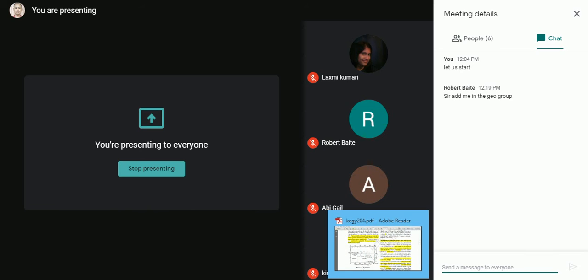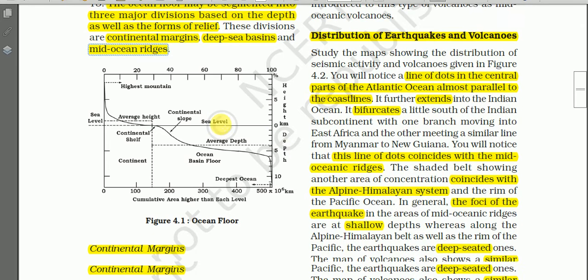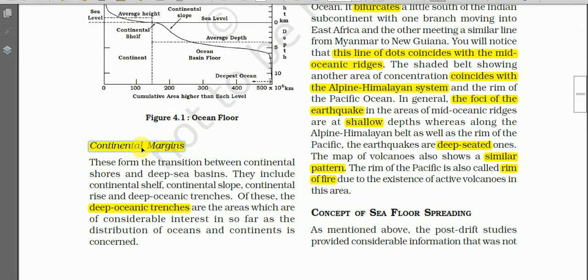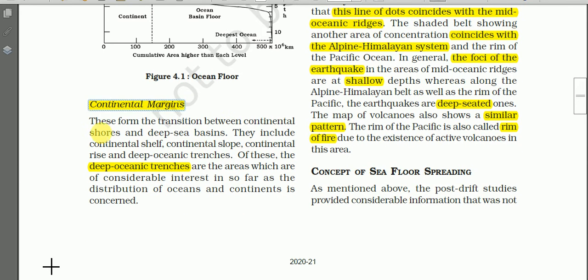Let us continue. The first major division of the ocean floor is the continental margin. These form the transition between continental shores and the deep sea basins. They include the continental shelf, continental slope, continental rise, and the deep oceanic trenches.